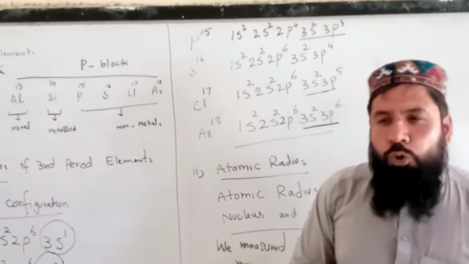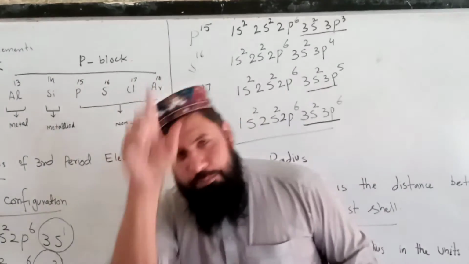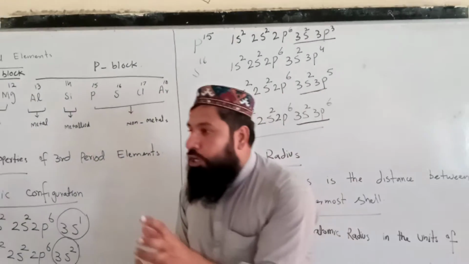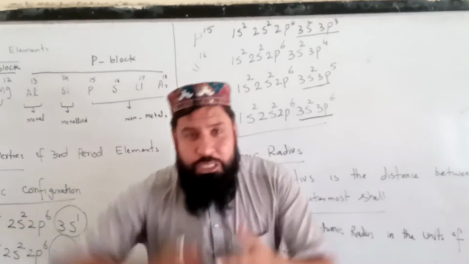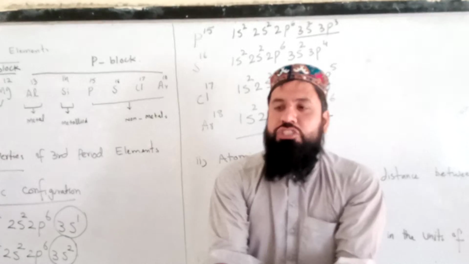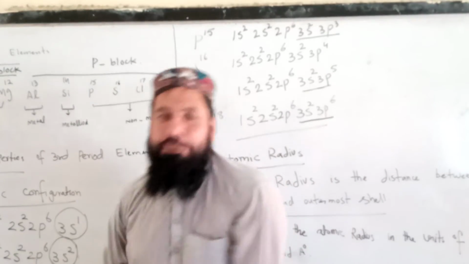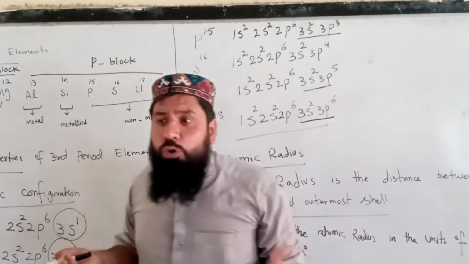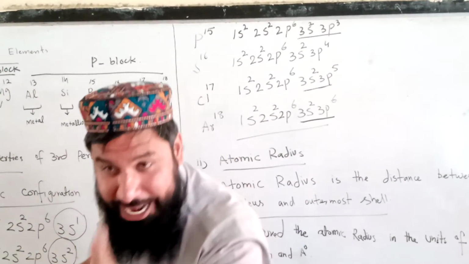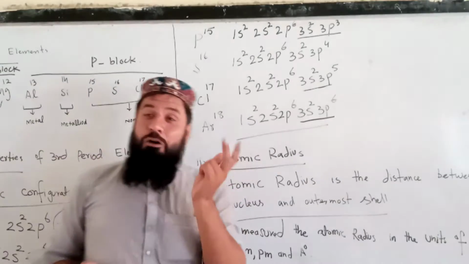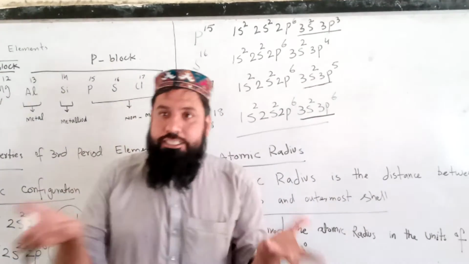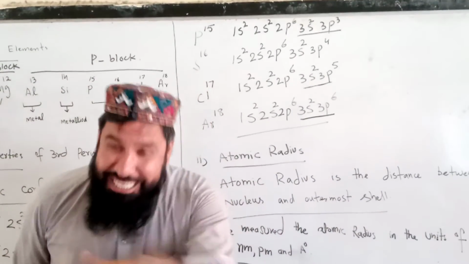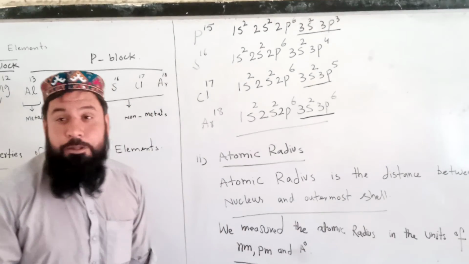What is the octet rule? Each and every atom, each and every element wants to complete its outermost shell with 8 electrons. This is known as the octet rule.